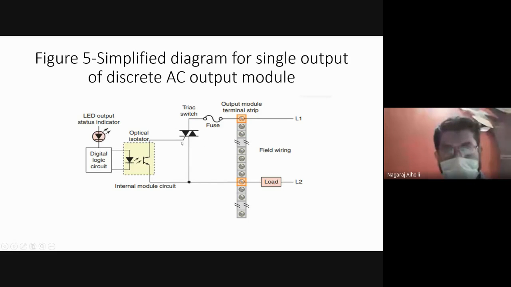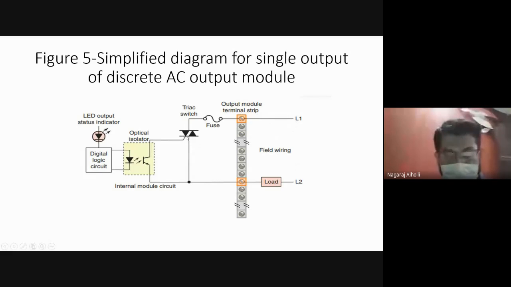Now when this signal is applied here from the phototransistor, the L1 signal is applied through the fuse, positive to negative. It comes here and is applied to the load. Whatever signal we are applying here, L1 to L2, is there only because of the turning on of the gate terminal.